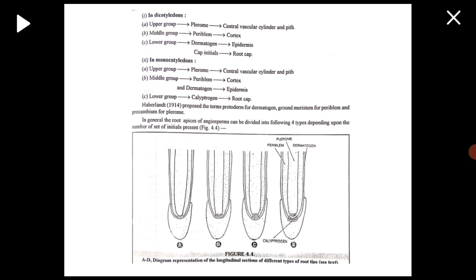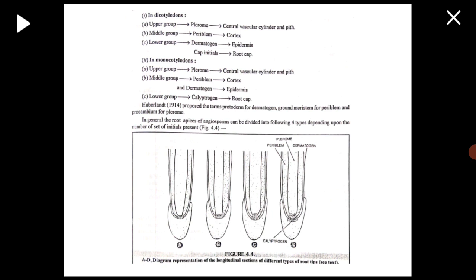In monocotyledons, the upper group, termed the plerome, forms the central vascular cylinder and pith. The middle group, termed the periblem, forms the cortex and dermatogen that produces the epidermis.